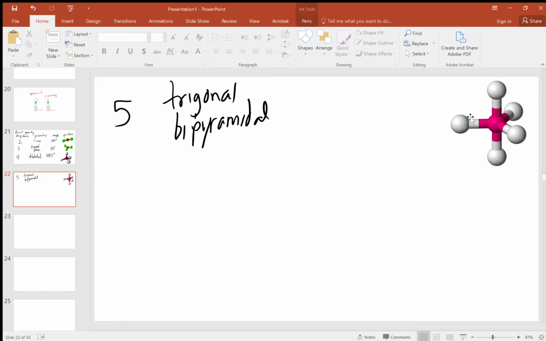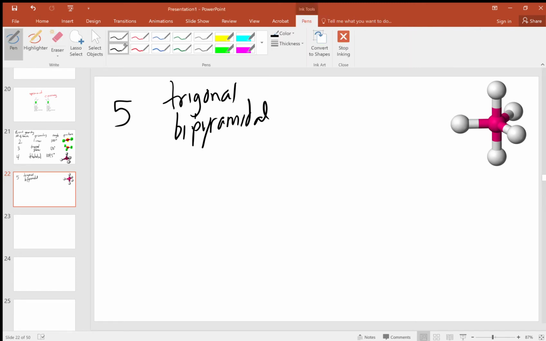First, if you look around the center, here, you can see that looks very much like the trigonal planar. So we have 120 degree bond angles there. But we also have what very clearly looks like a right angle. And so there are also 90 degree bond angles in a trigonal bipyramidal structure.